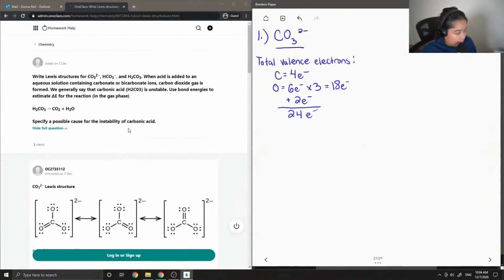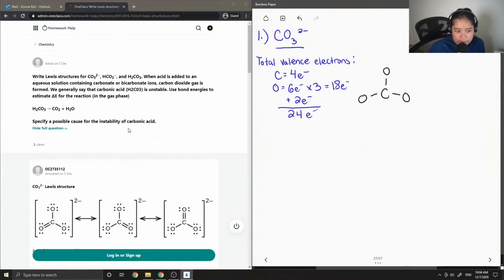So now I'm going to start off by writing my carbon in the middle. Let's do a different color. Let's write my carbon in the middle, and then I'm going to draw my 3 oxygens, all single bonded. Let's recall that for every single bond, there are 2 electrons participating.